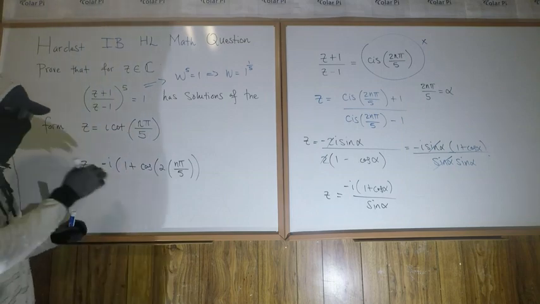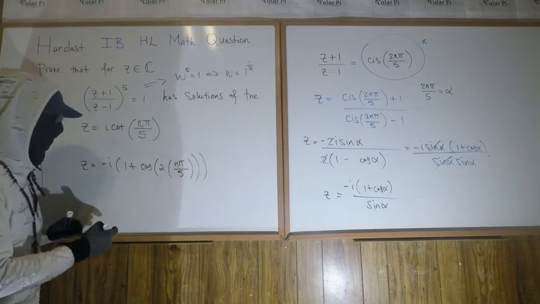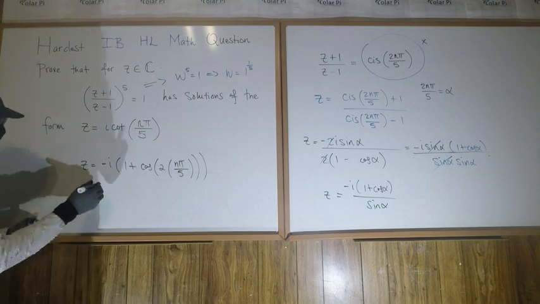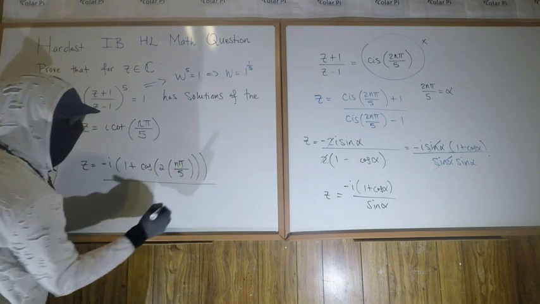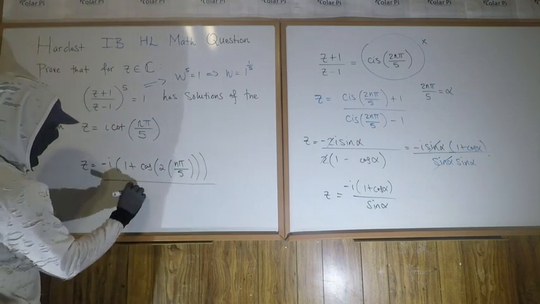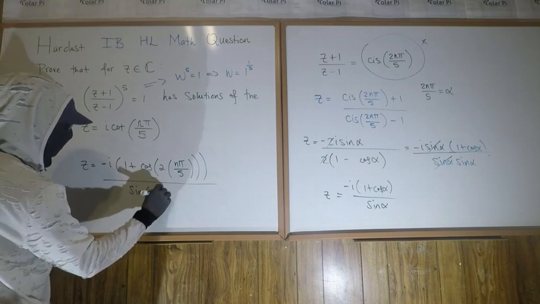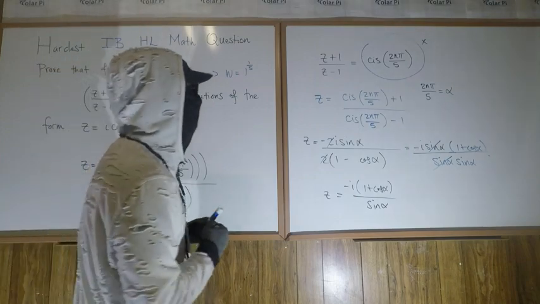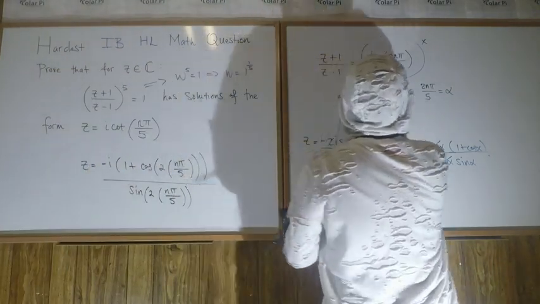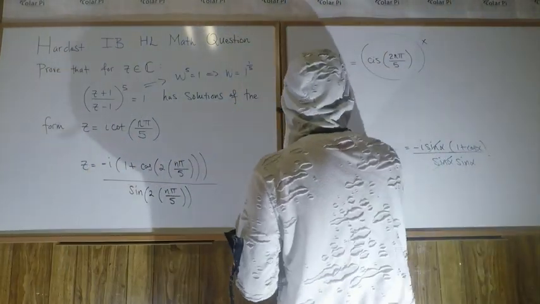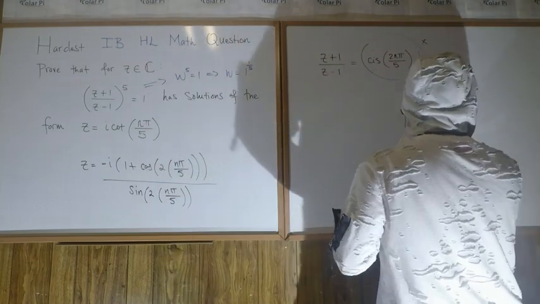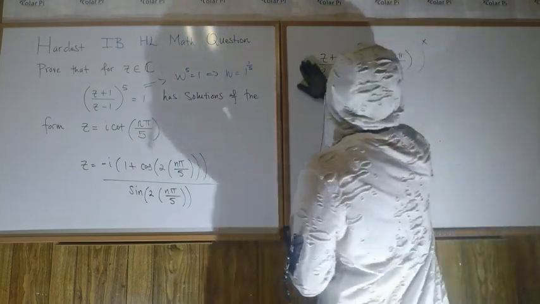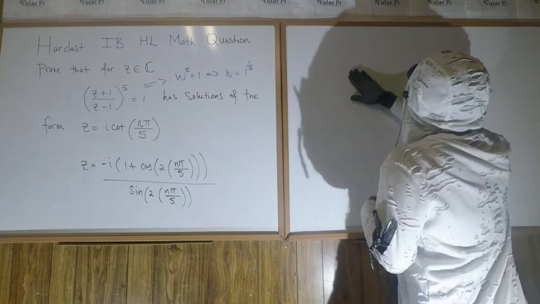So maybe we can use a cosine double angle identity in this part. And then over sine of 2n pi over 5. Now I don't need any of this anymore, other than remembering alpha was 2n pi over 5, but we just used it.